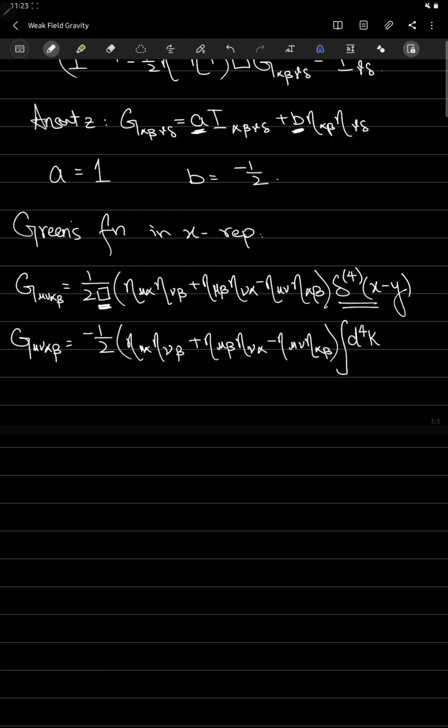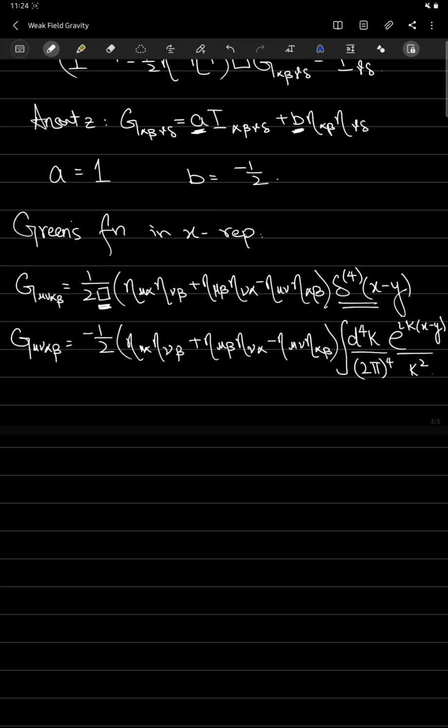So integral over all momentum over (2π)⁴ exponential iota times k times (x minus y) over k squared. So you must be again familiar with this equation. Well, it's a different equation, but the form is the same, if you're familiar with Green's functions, and of course, if you're familiar with your course on quantum field theory.